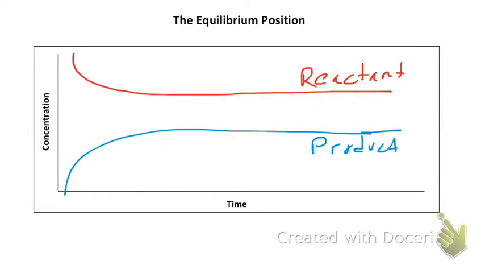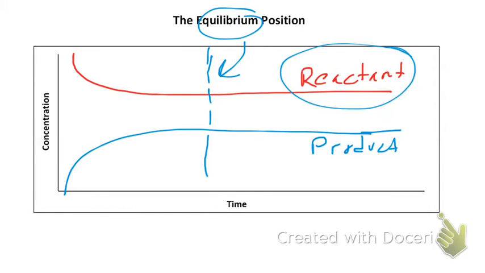Okay, so you see the difference is once we've hit equilibrium, so we're going to say this is our equilibrium point here. So this is the point where equilibrium is reached. You can see that in this case, the reactant concentration is higher than the product concentration. This means that the reaction is reactant favored.